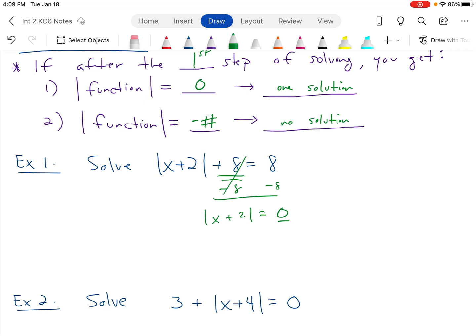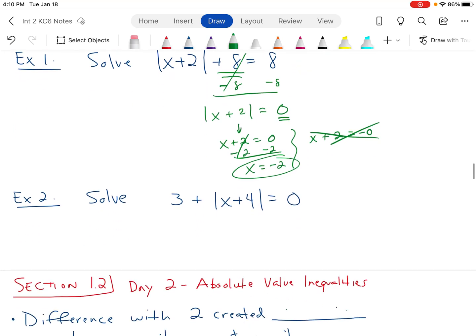Okay, so at this point, because it's equal to 0, that's a special case. I will only have one solution here, because I can't say that I have negative 0. That does not exist. So this is the only one I am solving for, so x is equal to negative 2 is my final answer.